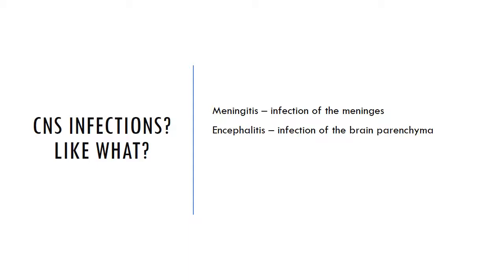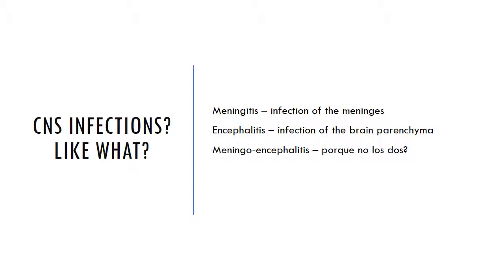Let's get started. So when I say CNS infections, what do I mean? There are a few. So the most obvious and the most concerning one is meningitis, so infection of the meninges. And then we can also have an encephalitis, which is also extremely dangerous. So that's an infection of the brain parenchyma.